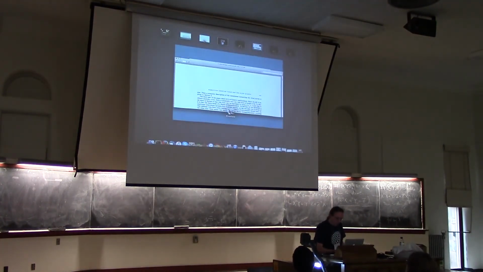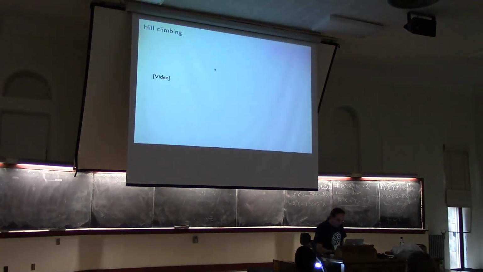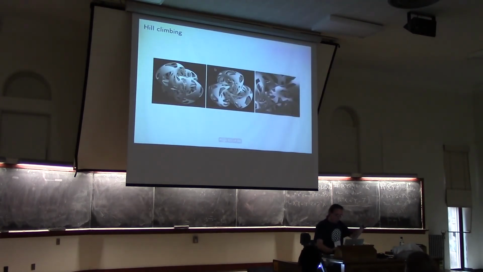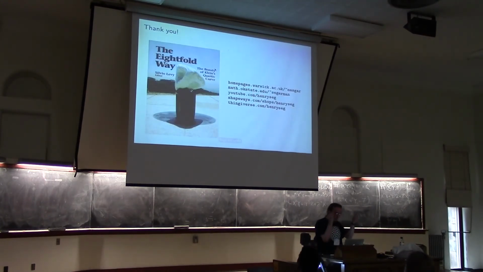All right, so back to the talk, and then to finish. So there's the video. So here is the thing that we eventually 3D printed. Let me show two things. Here is a book about the Klein quartic with many beautiful articles by many people.